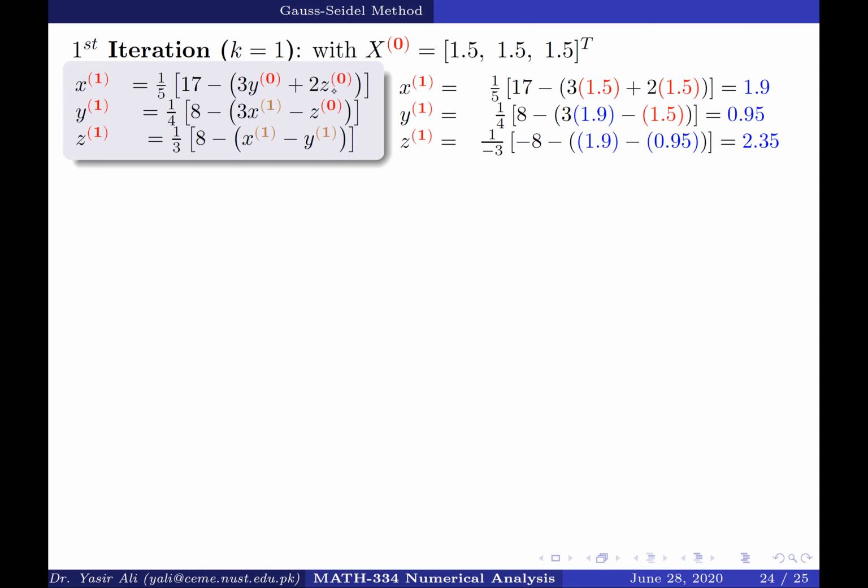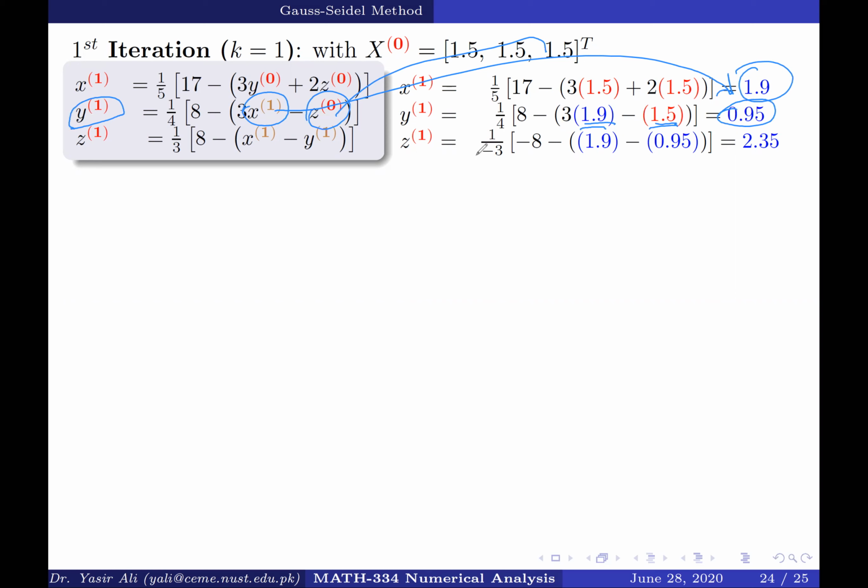In this case, I computed this value for x, and when I want to compute y1, I have used x1, the new value, and z, the old value. So with 1.9 and 1.5, I can calculate y1.